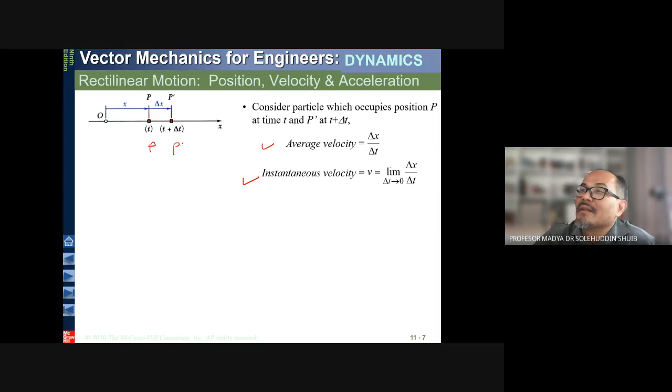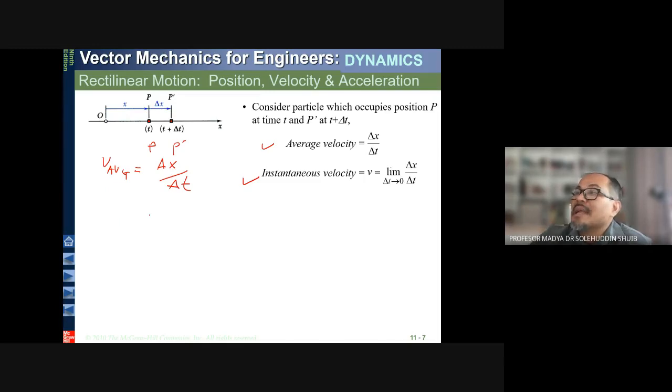You have another position. Okay, so to find the average velocity, basically v average equal to, look at here, this is x, from here to here is delta x. So delta x divided by delta t. Okay, this is average velocity.